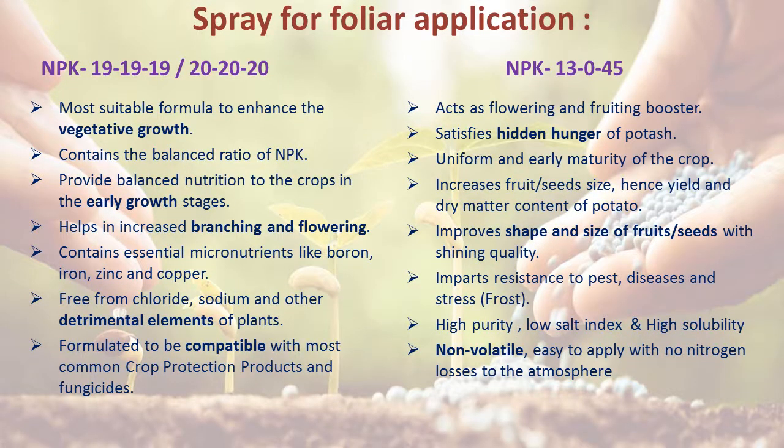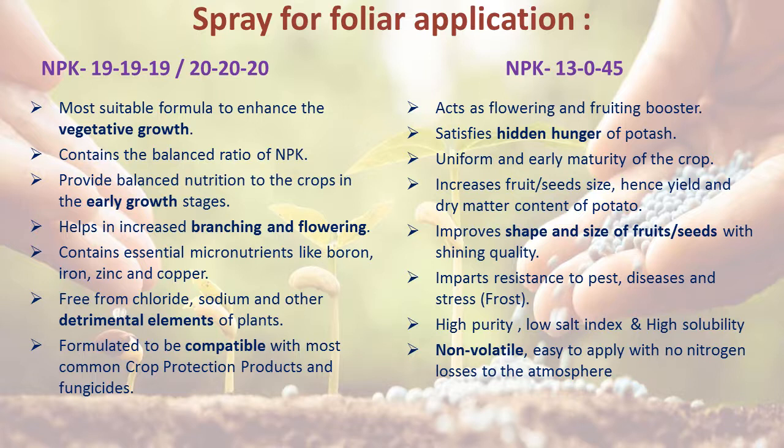Then next is the water soluble fertilizer or spray for foliar application. As we know, NPK 19-19-19 or 20-20-20 is used for foliar application. It is the most suitable formula to enhance vegetative growth, and it is also used for the early growth stages.